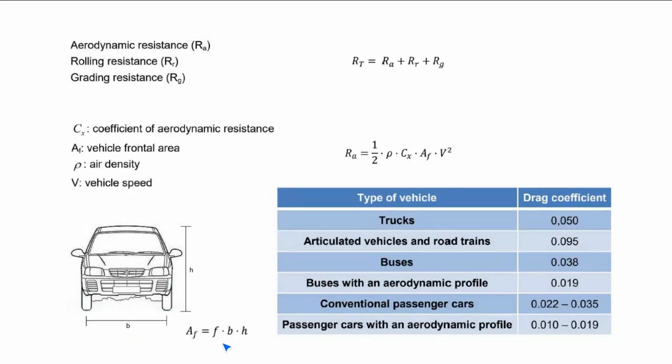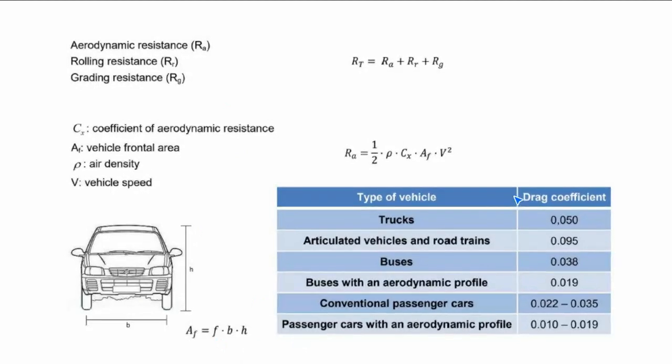F has a value between 0.8 and 0.85. In your project, you can accept it as 0.8, for example.